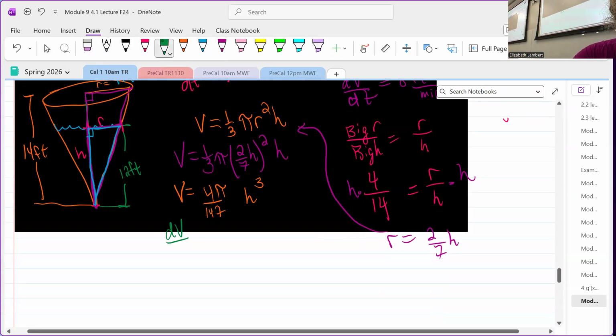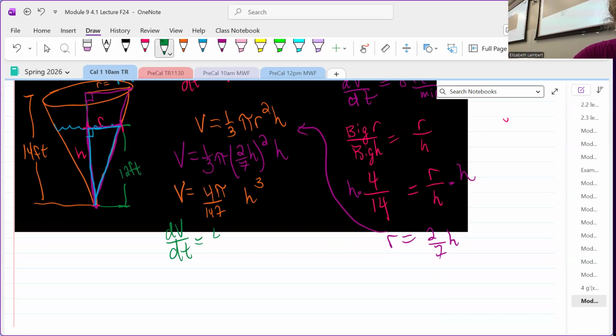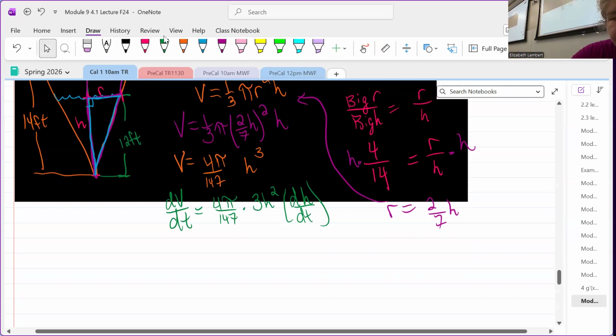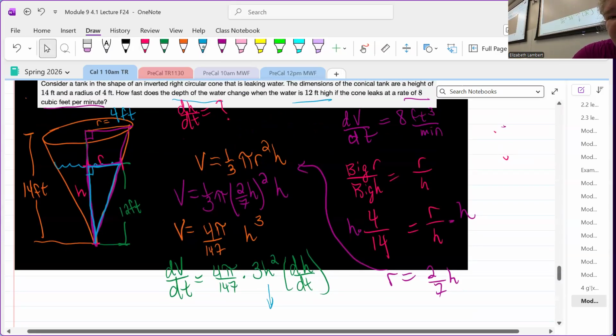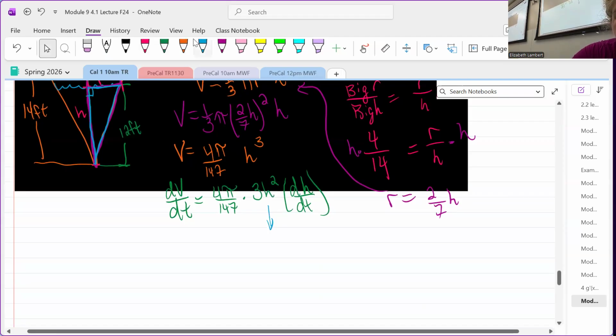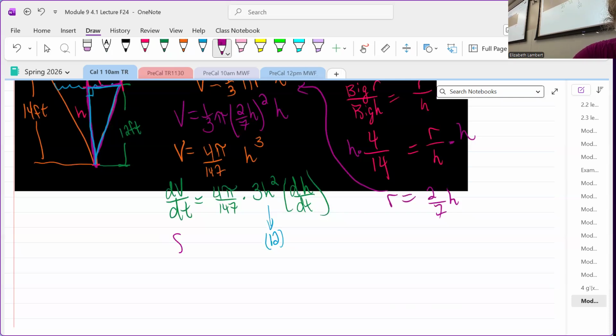So dV/dt equals 4 pi over 147 times 3h squared times dH/dt. Now I know my snapshot height is 12 feet. And I know my volume was changing at a rate of 8 feet cubed per minute. So I'm going to fill both of those in. So this will be a 12, and this will be 8.